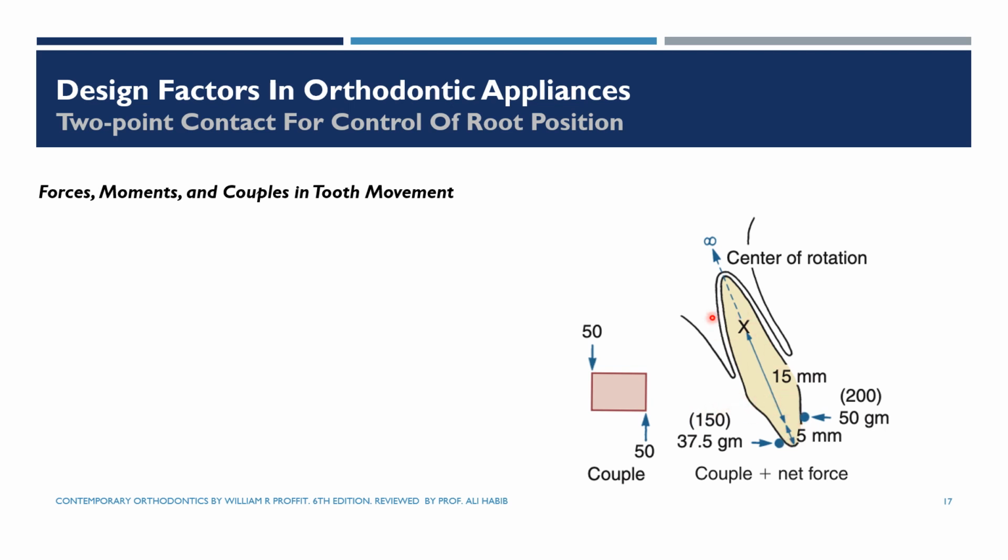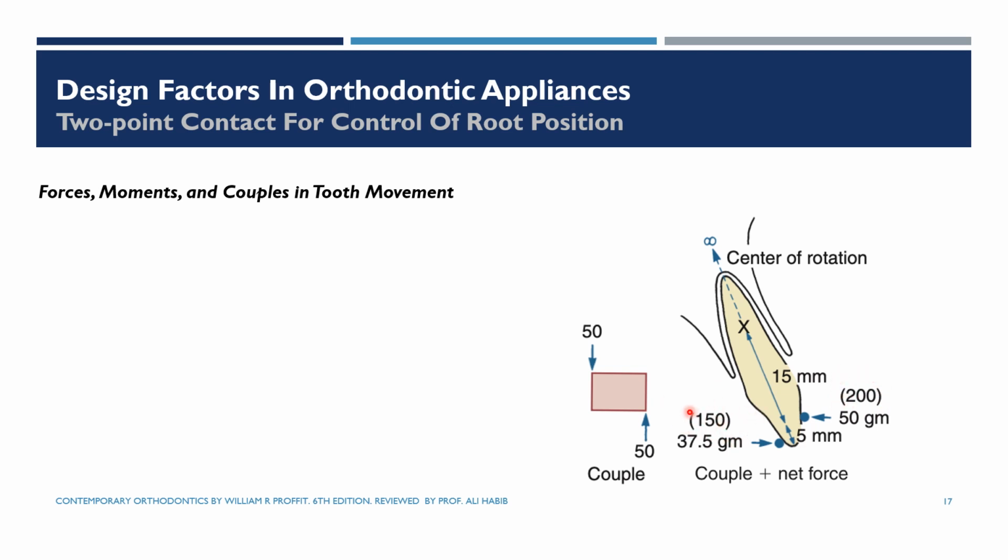If you want to do bodily movement, then we have to apply this model. In addition to the labial force, which is lingually directed, we need another force opposite in direction, towards the labial. For example, if this force is going to be 200 grams, this will be 150 grams.